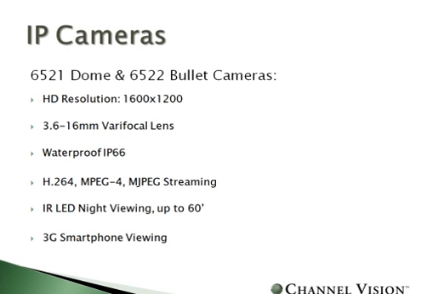The waterproofing is IP66 rated. H.264, which is MPEG-4, and we have MJPEG streaming. So this will allow you to have the picture condensed so you don't take up as much bandwidth when you're streaming the video. It has IR LEDs. The IR LEDs are used for night vision, and you can view up to 60 feet at night.